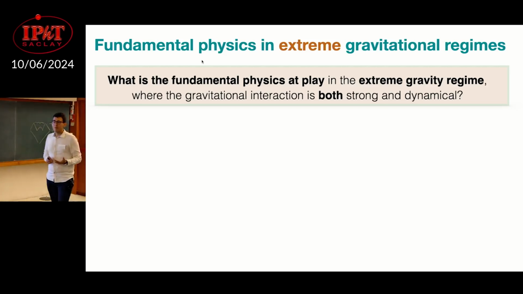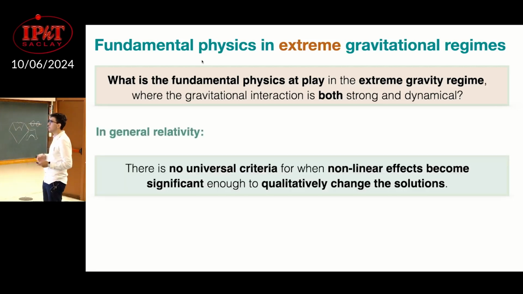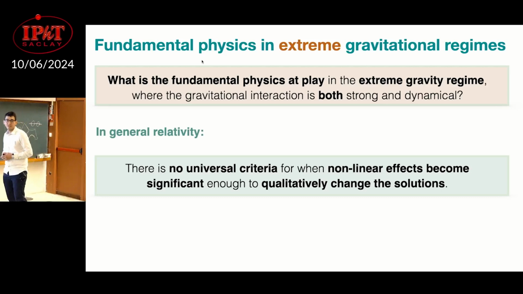In Newtonian dynamics, we can certainly have a gravitational potential that is very large, but it's qualitatively equal to weak gravity. There is nothing qualitatively different when you just change the potential in Newtonian gravity. In GR, that's not the case. So in principle, we don't have a universal criterion to know when these nonlinear effects are going to be relevant.